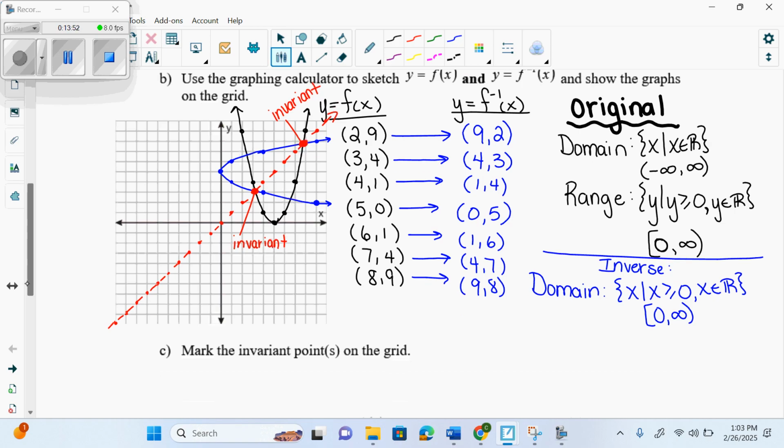Now my range is my domain. So if my domain is x, my range is going to be y, because the x's become y's, right? And my interval notation stays the same, negative infinity to positive infinity.